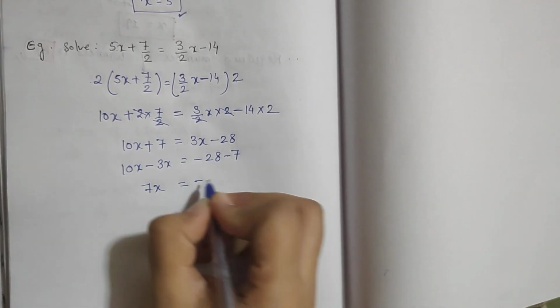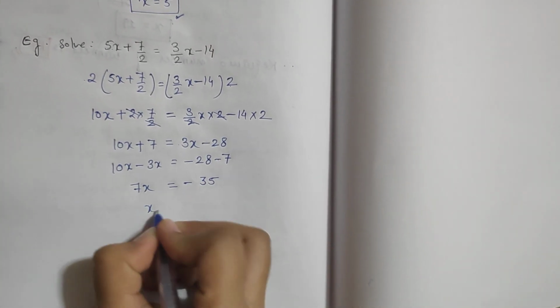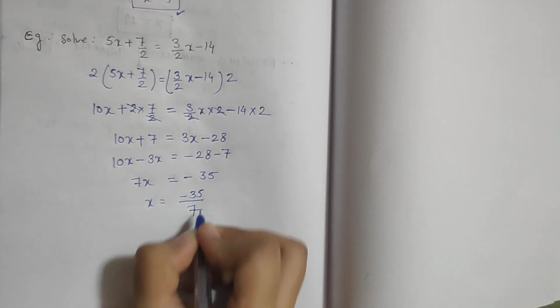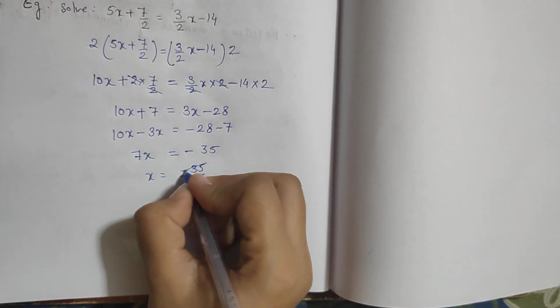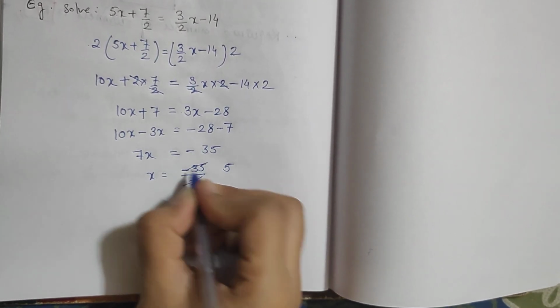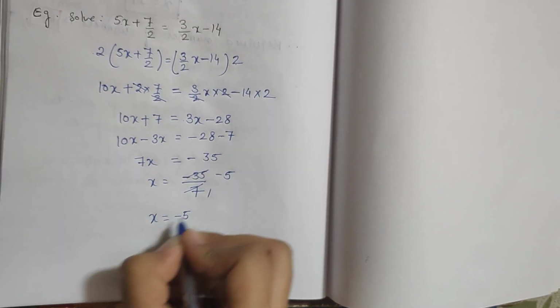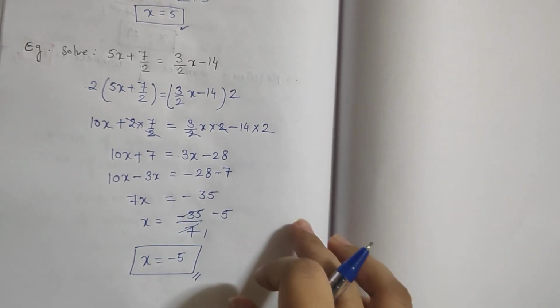So it will be minus 35. So here we can say x is equal to minus 35 upon 7. This 7 will go here and divide. So 7 ones are 7 and 7 fives are 35, and this minus sign as it is. So we can say that x is equal to minus 5.